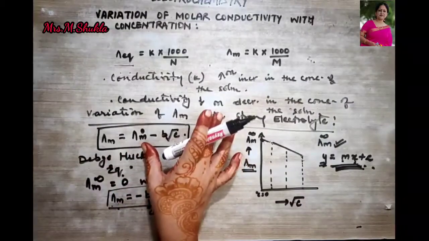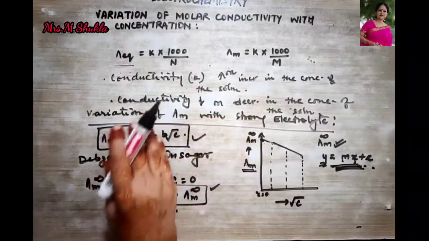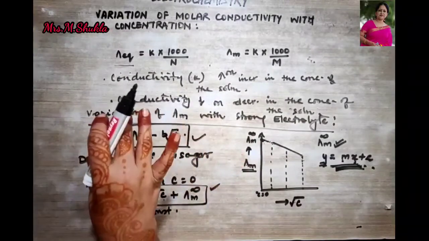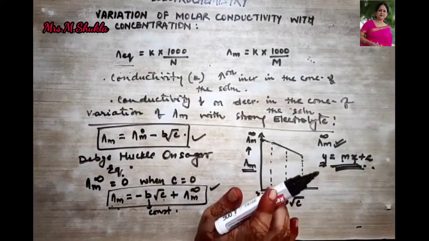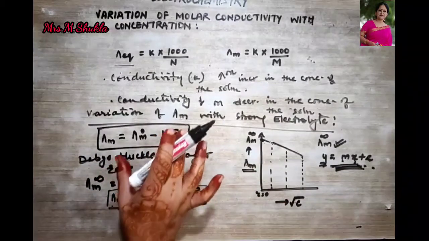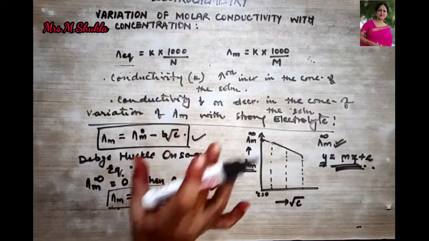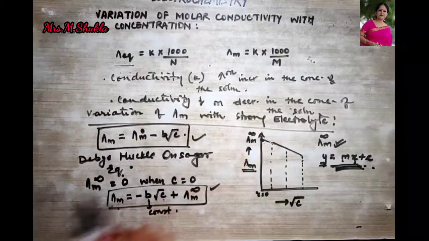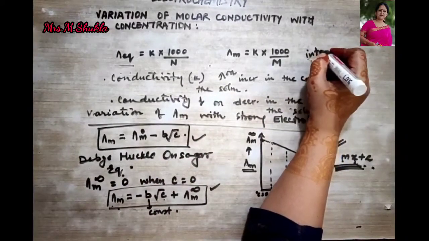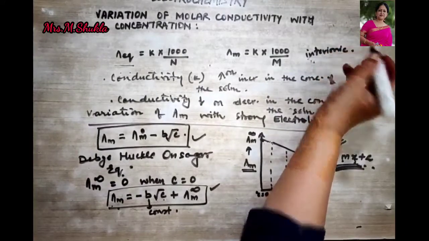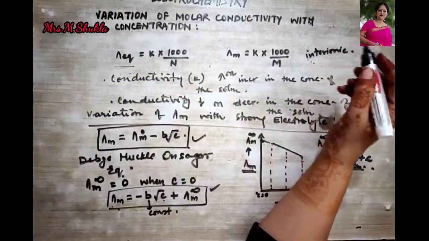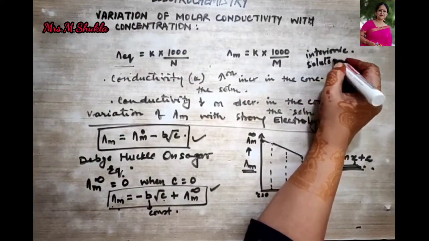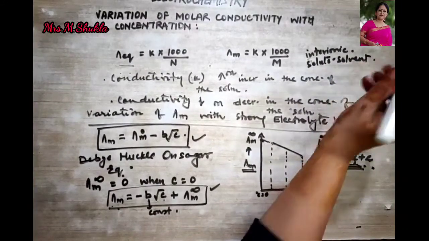Now let me explain why the molar conductivity decreases as the concentration increases, or in other words the molar conductivity increases with dilution. The trend of this change of molar conductivity of a strong electrolyte with its concentration can be explained in terms of interionic interactions and solute-solvent interactions.